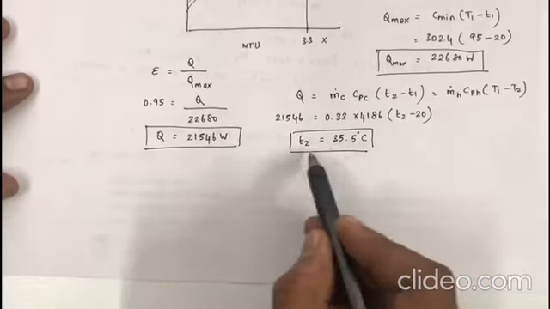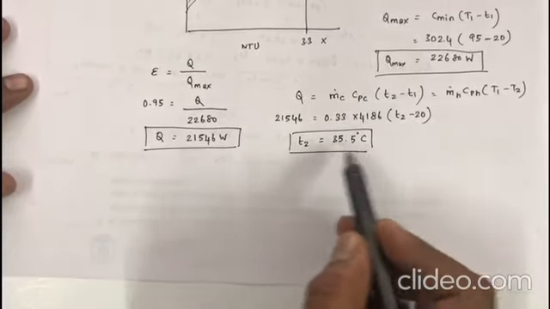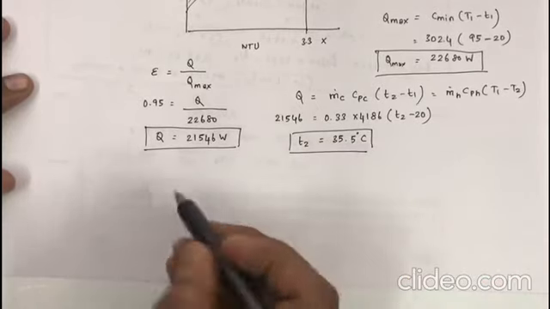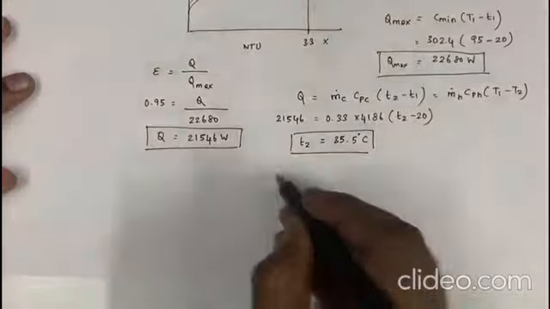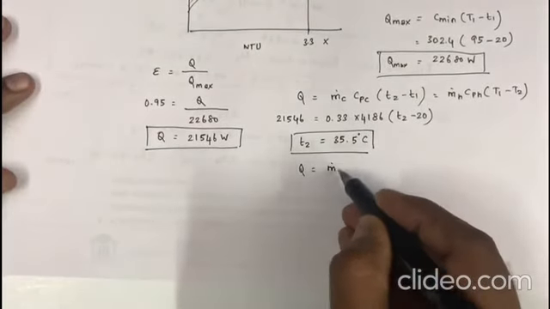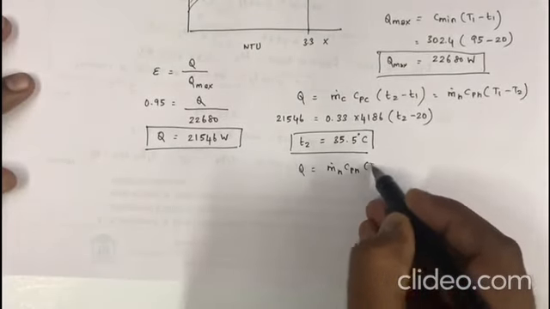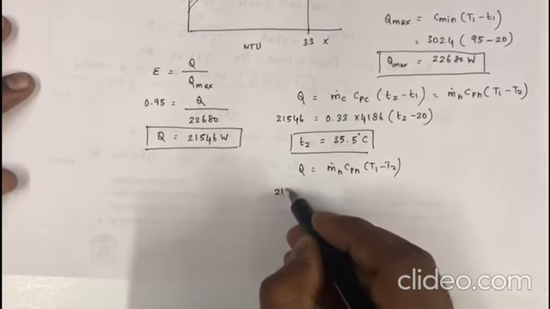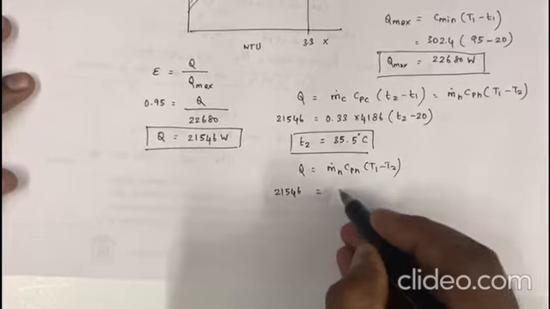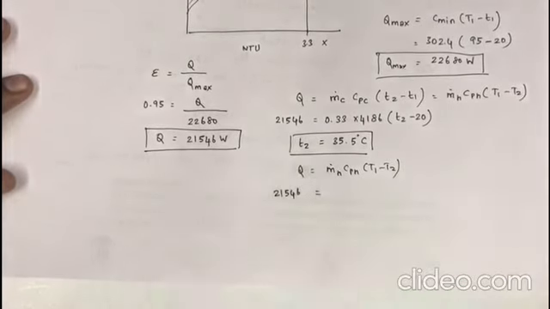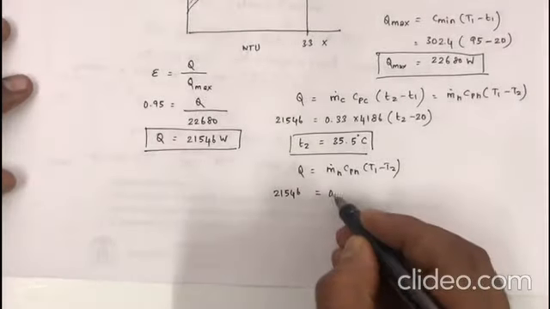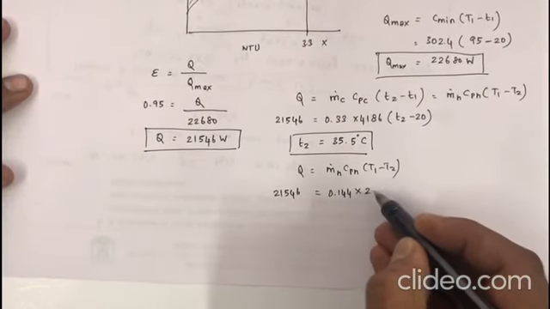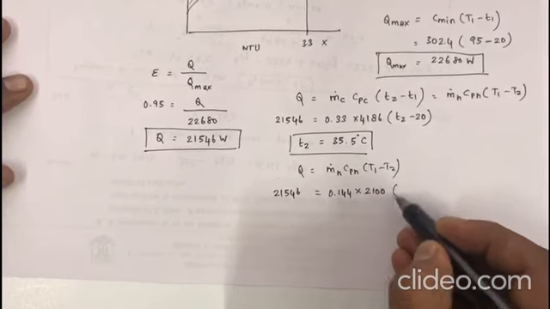T2, the temperature of water at outlet. Okay, and then now we have another relation, which is m dot h cph into T1 minus T2. So we know that Q is again 21546. m dot h will be 0.144 multiplied by cph, which is 2100.